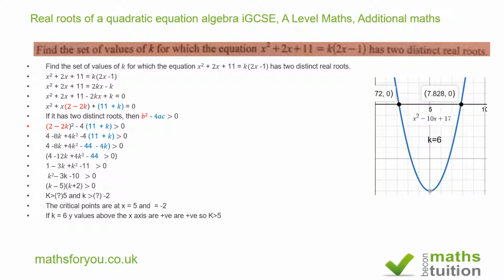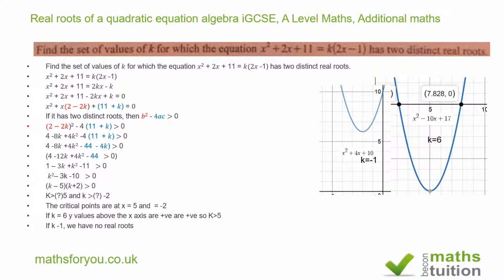Now what if I try k is equal to minus 1? For k equal to minus 1, we get this graph here. Note that the graph does not cut the x-axis at any point at all, so there are no real roots. The x-axis is there, and this graph does not cut it at all.